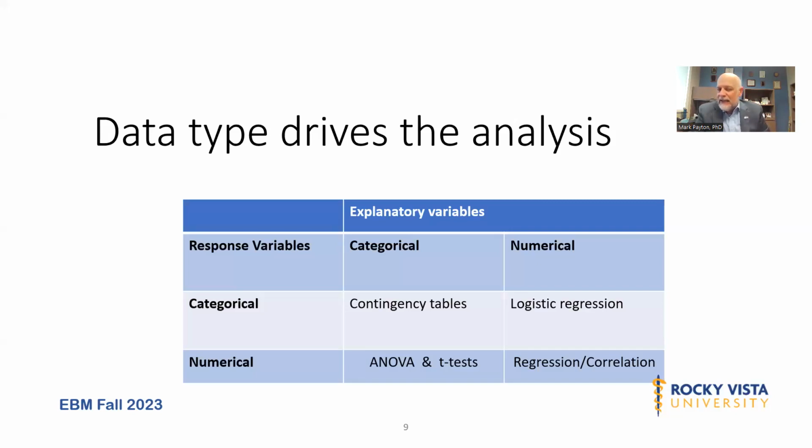But generally speaking, these are some good guidelines in how you make that call. So what I've got here in this table is an explanatory variable across the top, response variables down the side. It really doesn't have to be an explanatory response kind of variable for all of these situations, but it does help to have these identified in this way.